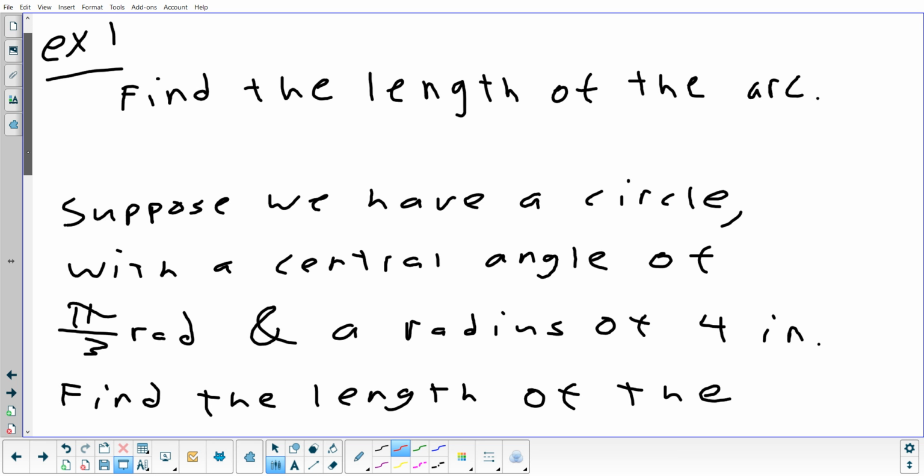So this problem could be written a lot more concisely if you just drew a picture. And in the next one, I'll just give you a picture instead of writing it all out. But I want to make sure we can look at it as a description and figure out which letters we're given and which ones we have to find.